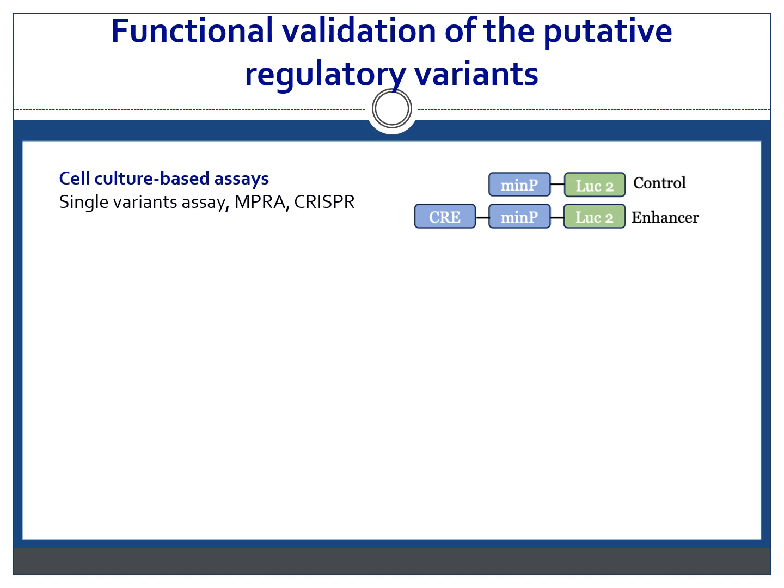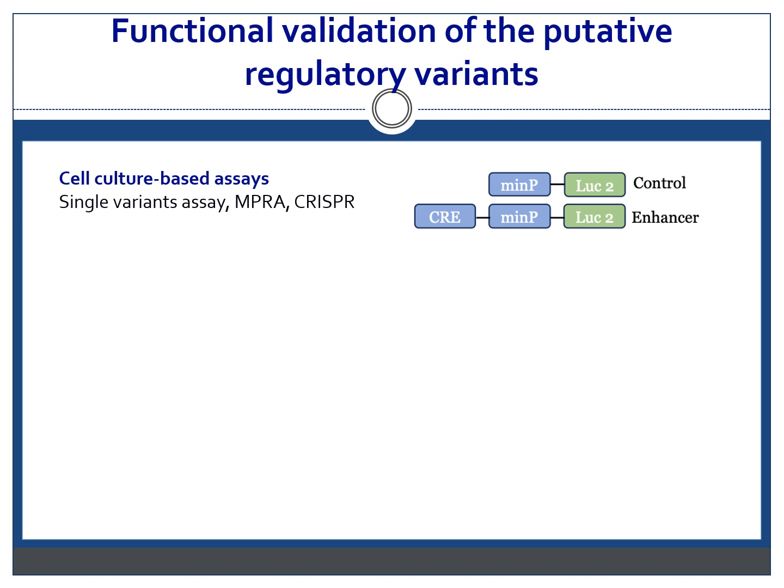One is the cell culture based assays, which could be either single variant assays such as the luciferase assay, where you would place a cis regulatory element under the minimal promoter driving the luciferase gene, and you would compare the gene expression driven by the CRE and assess whether the variant is impacting the gene expression.